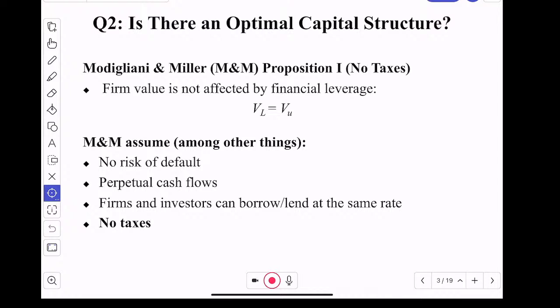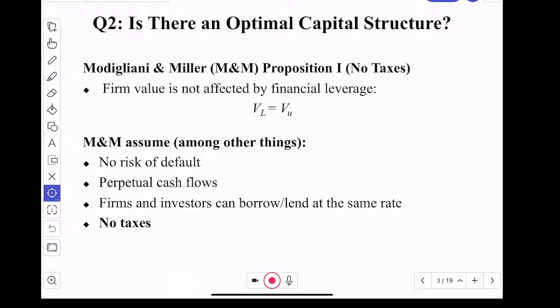We're also going to simplify things and assume that cash flows are perpetual, like we usually do. To estimate the value of the firm, we assume all kinds of things. We think about the present value of future cash flows, and we consider what if the dividends remain the same out into the future. So we're going to assume that here.